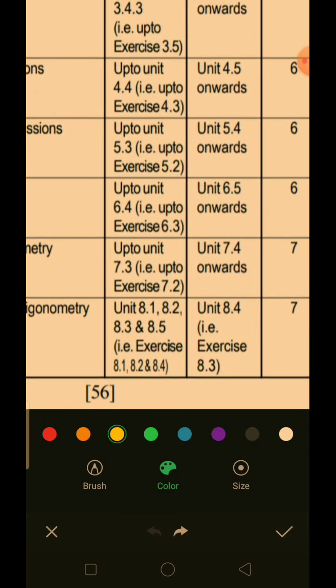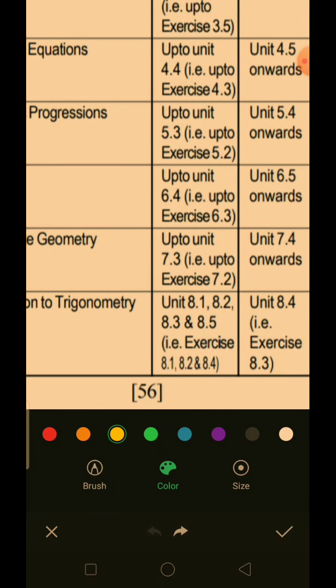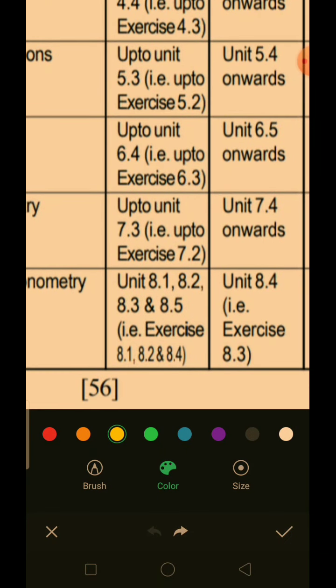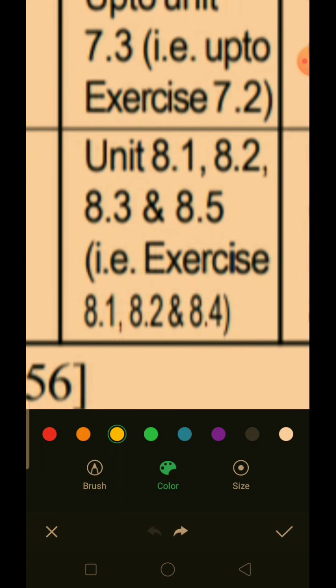Then you have introduction to trigonometry. You have units 8.1, 8.2, 8.3 and 8.5. Be careful with this. Units 8.1, 8.2, 8.3 and 8.5, which means that the exercises you need to use are exercises 8.1, 8.2 and 8.4.